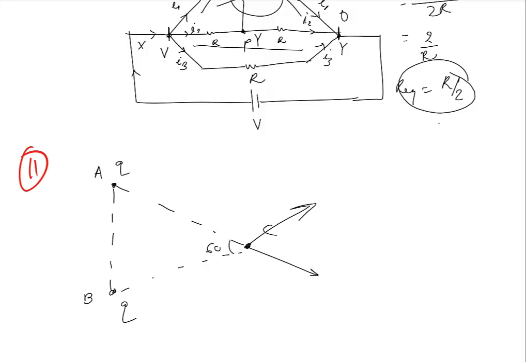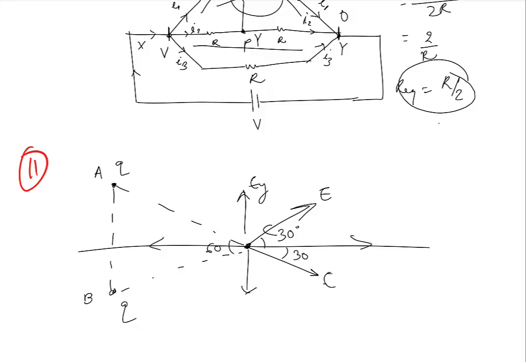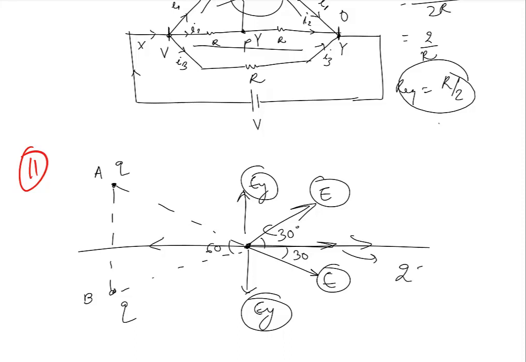This is 60, so this would also be 60, and if you do this, then this would be 30 and this would be 30. And you know that the Y components, E and E, will get cancelled because they are the same magnitude, and in here you'll have E cos theta plus E cos theta, that is 2E cos theta.